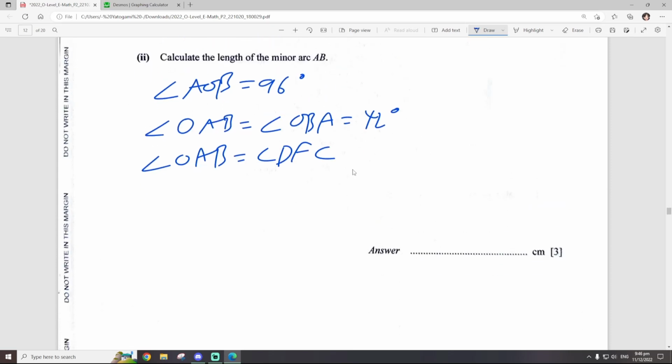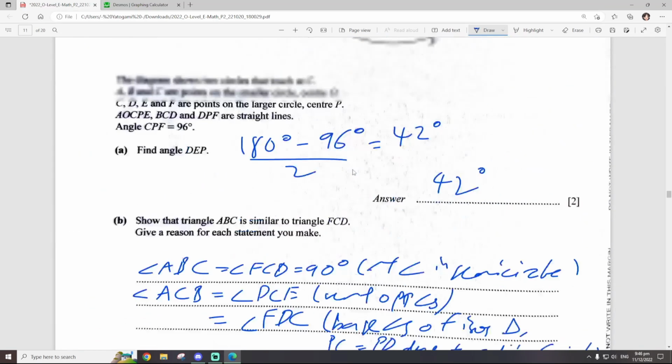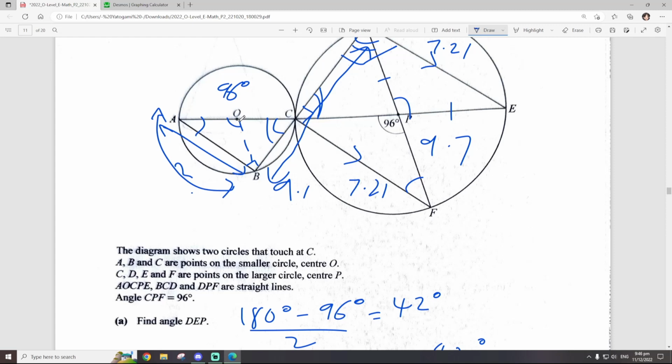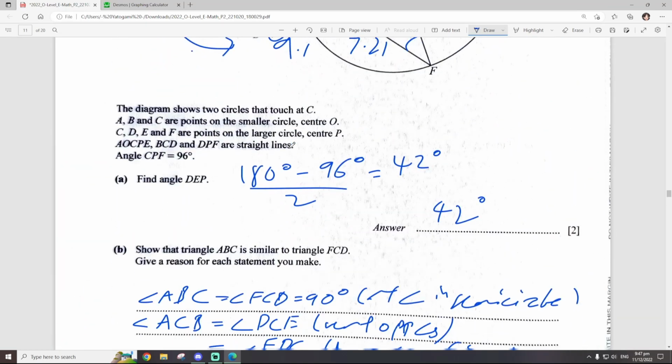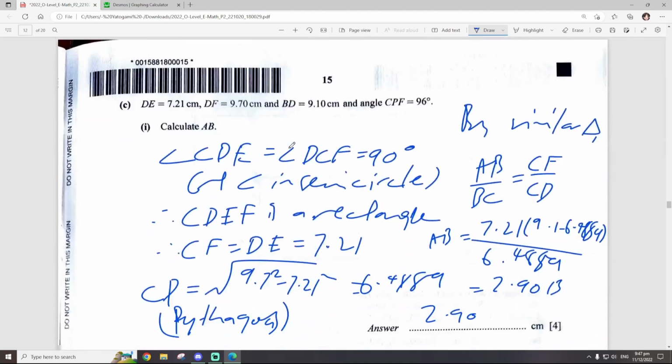So to get the length of the minor arc, you will take the radius of the smaller circle. Well, there are a few ways you can get the radius. One way is to use Pythagoras again. I find BC, AB plus BC.